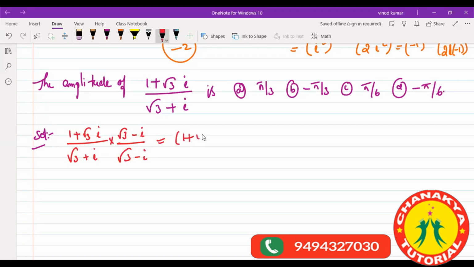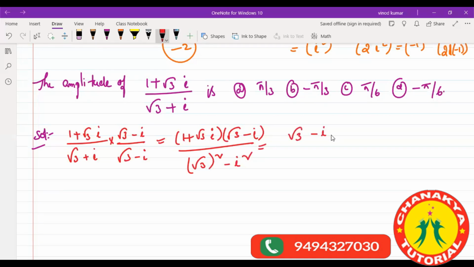So (1 plus root 3 i) into (root 3 minus i) by root 3 whole square minus i square. So root 3 minus i plus 3i plus root 3, right? 3 plus 1, so 2 root 3 plus 2i by 4.